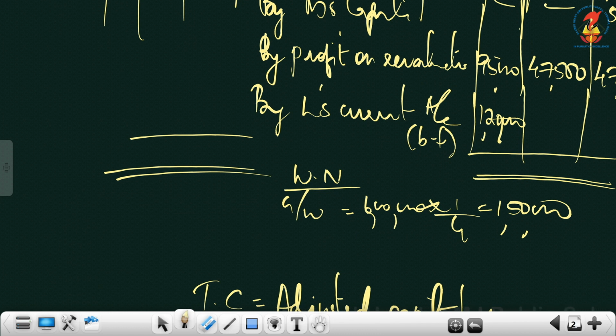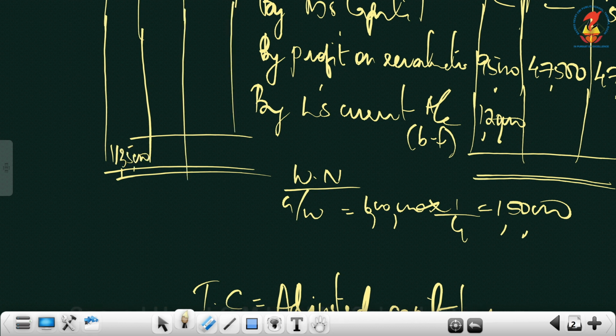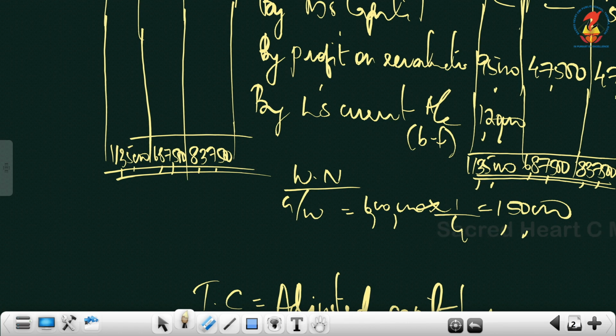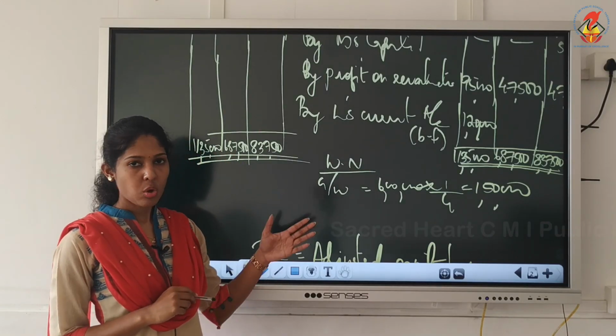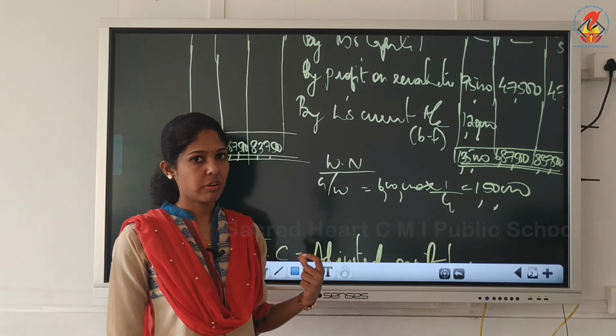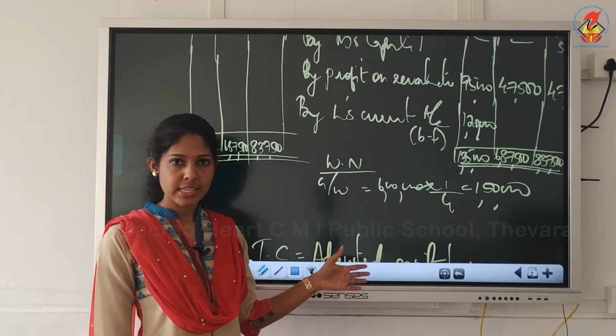Totals are 11,35,000, 6,87,500, 8,37,500. Okay. So now your partner's capital is over. I hope you understood how to do adjustment of capitals. Calculations you do yourself so that you will understand.